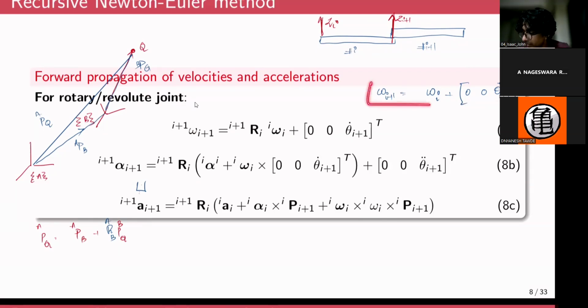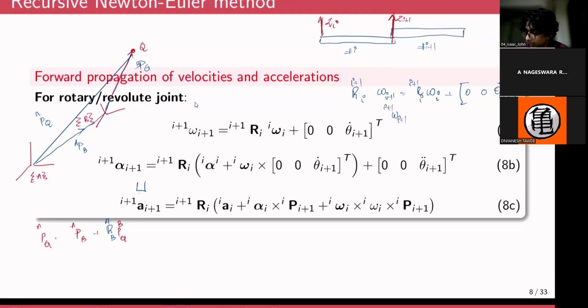So if you pre-multiply this general vector equation with a rotation matrix, I plus 1 with respect to I plus 1, and here also everything will be brought to the I plus 1 frame. If you do this, the left-hand side would be omega I plus 1 expressed with respect to I plus 1.